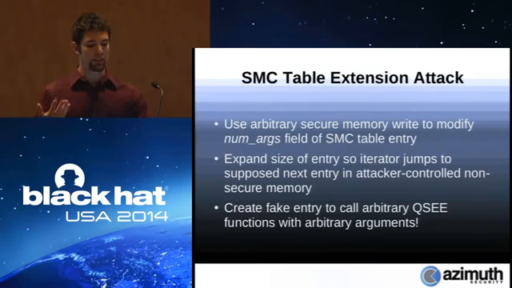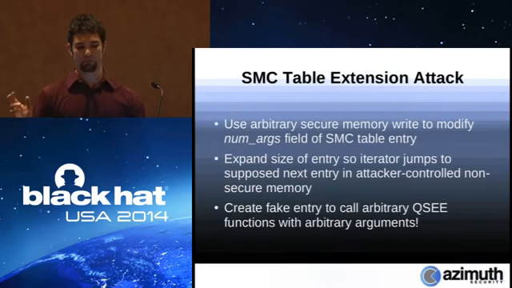Now, what I did was I actually expanded the size of one of these SMC entries so that it's particularly massive, and that when QSEE is iterating through this table and tries to find the location of the next SMC entry, it will actually jump way into non-secure attacker-controlled memory, at which point we can put a fake entry there, and at this point we control an SMC handler.